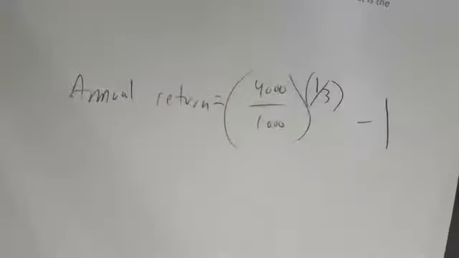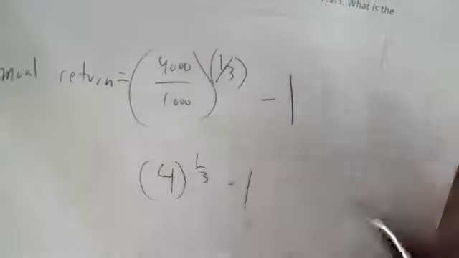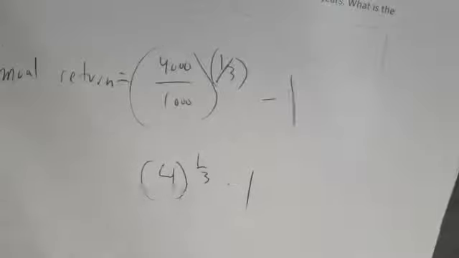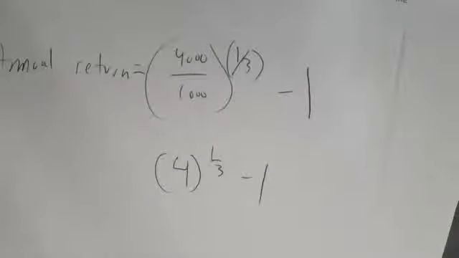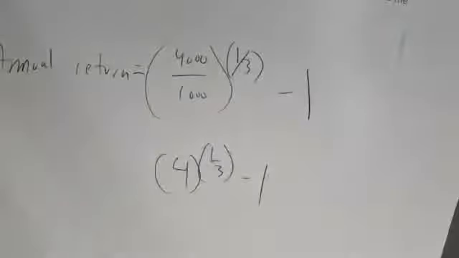And then I have to subtract 1. So 4,000 over 1,000, I already know that's 4, to the 1/3 minus 1. So 4 to the 1/3 power. You're going to have to know how to do fractional exponents somehow. So 1 divided by 3, you might have to put parentheses around this if you put it in your calculator.